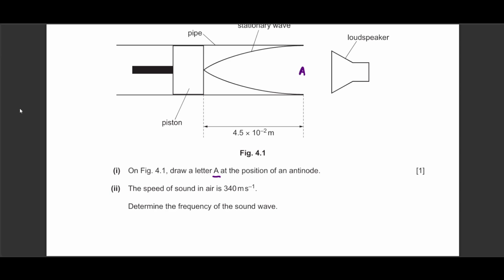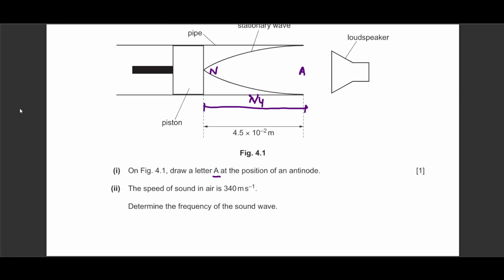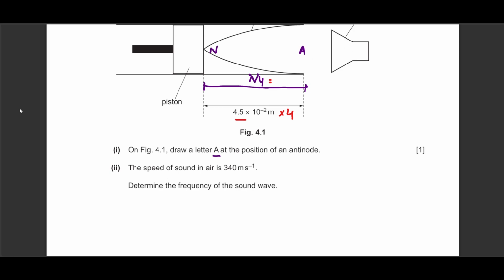Determine the frequency. Very, very simple question. This length that represents between a node and an antinode is actually a quarter of a wavelength. If I had to draw this completely, this is how it would go, 4 times this length. That is why we're saying that this is a quarter. If I want to find the full wavelength, if this is equal to 4.5, I simply have to multiply this number with 4 to get the full wavelength, because this is only representing a quarter wavelength.